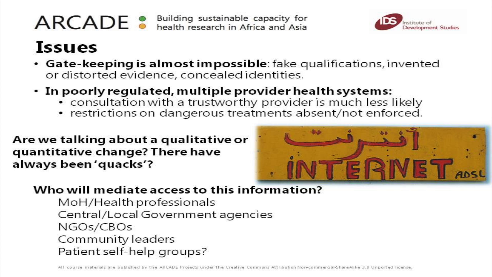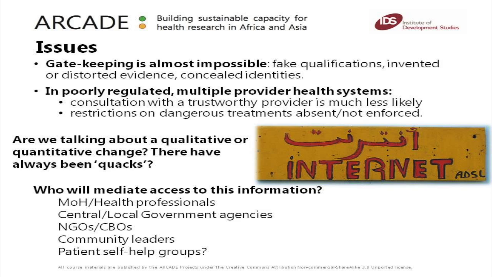I think that's a particular problem when we are dealing with poorly regulated, multiple provider, largely private transaction health systems. In a country like the UK, if I read things online, I can always go and talk to my doctor about them. So in countries where a consultation with a trustworthy provider is possible, then there's, I think, less of a hazard.